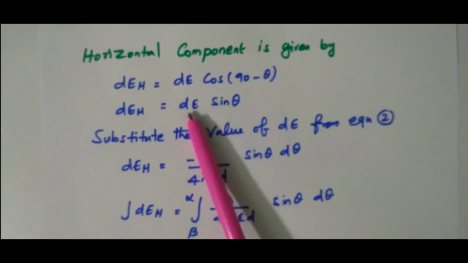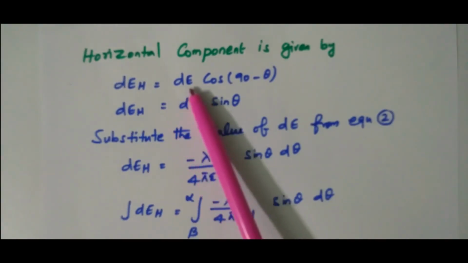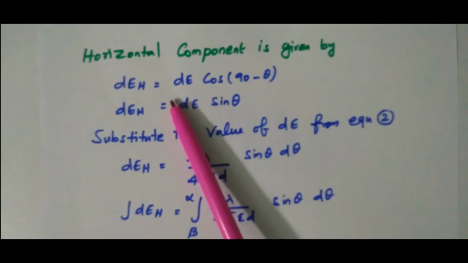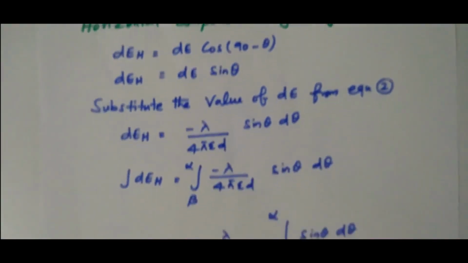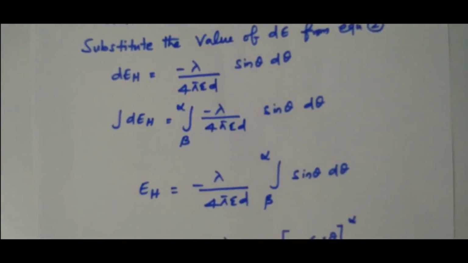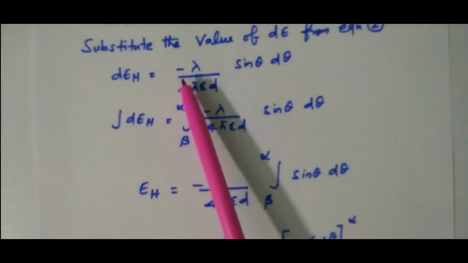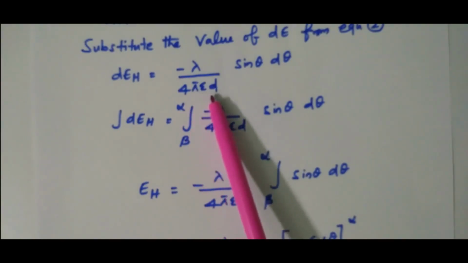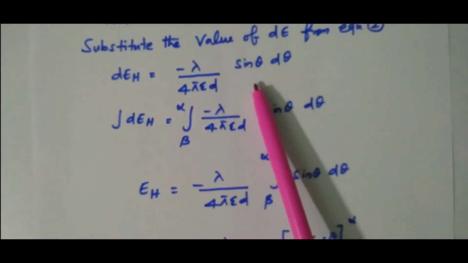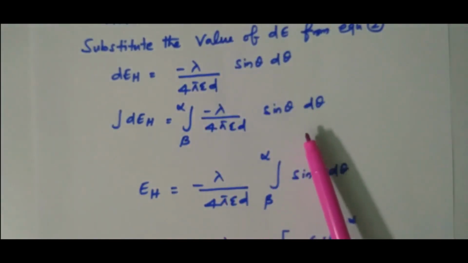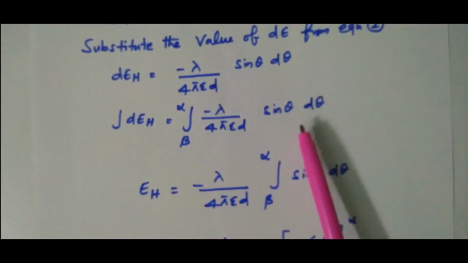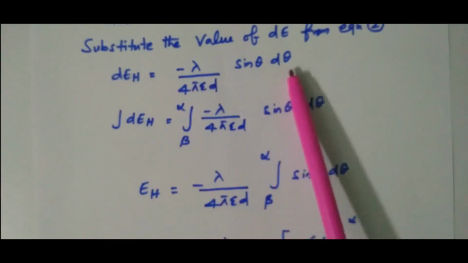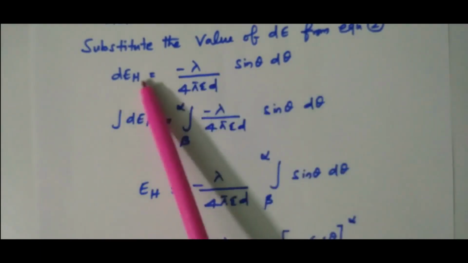From equation 2 we have this dE value, so we substitute it. So dEh equal to minus lambda divided by 4 pi epsilon d, sin theta d theta. This is the small electric field intensity, horizontal component.